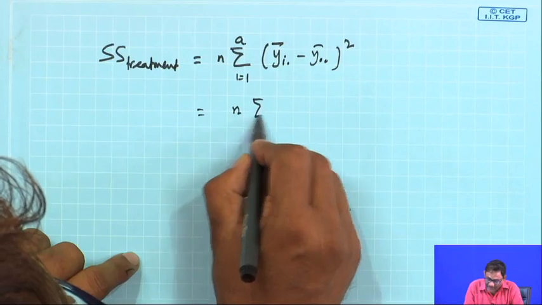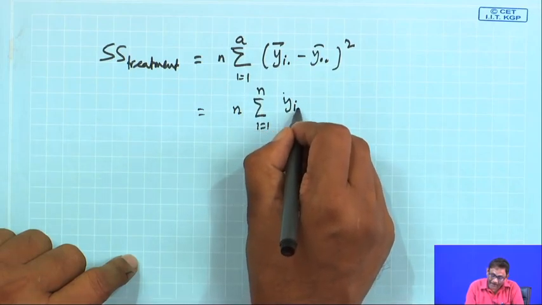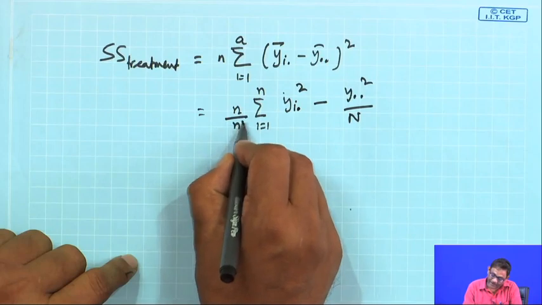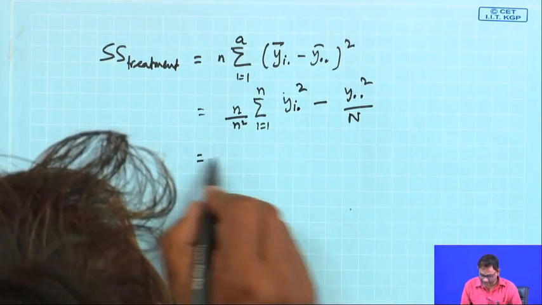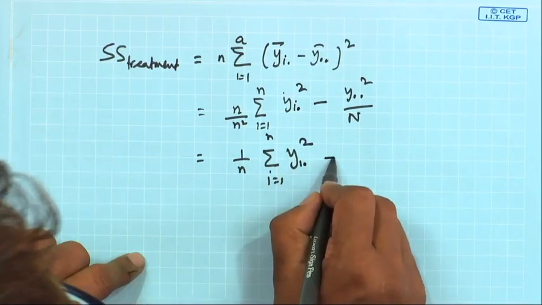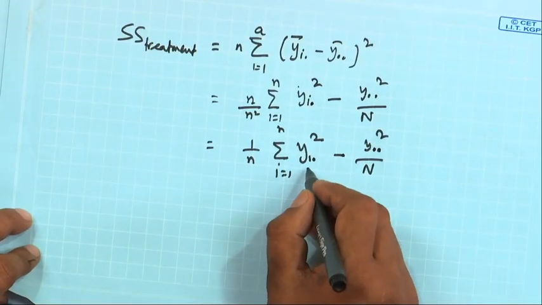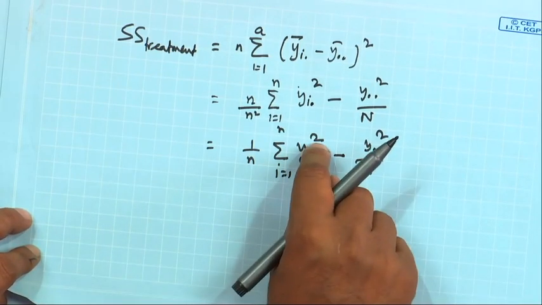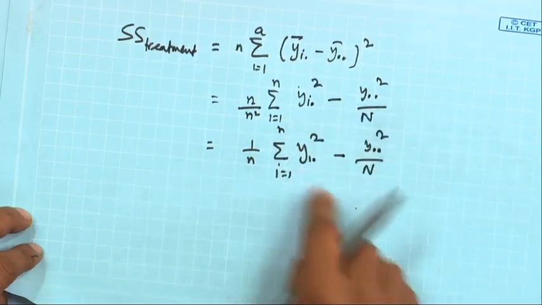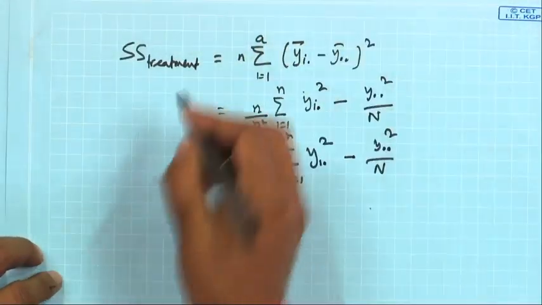This can be written as 1 by n, the sum over i equal to 1 to a, of yi dot square, minus y dot dot square divided by N. So, every row total squared, take their sum divided by n, and the second portion is the correction factor, y dot dot square by N, that will be subtracted. These two you calculate, SST and SS treatment.